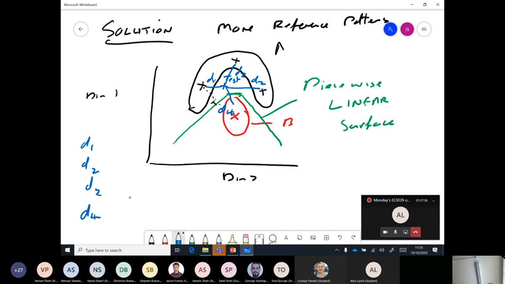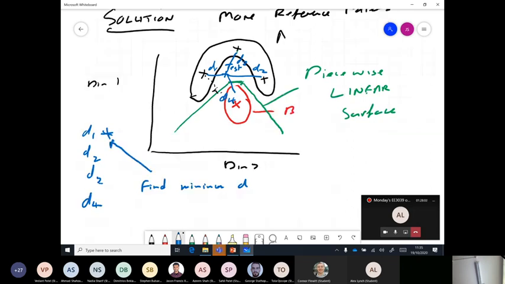And we find the smallest. And the minimum D, looking at the diagram, it will be D1. What class is D1? D1 is a test pattern, therefore belongs to A. So that is possibly a solution for linear separability.